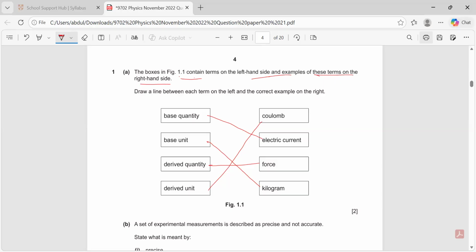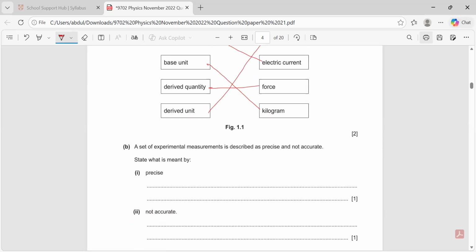Now the next is a set of experiment measurements is described as precise but not accurate. State what is meant by precise. Simply, whatever the measurements are taken, we will say the measurements are numerical values.